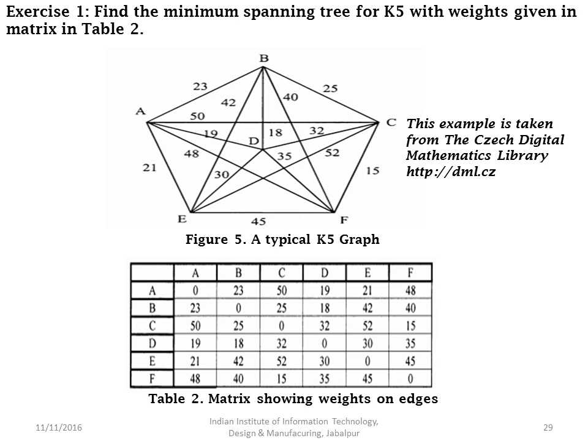So from this we have to find out the minimum spanning tree. This example is taken from the CZ Digital Mathematics Library, and this was the actual problem that was given to Borůvka to find out the minimum spanning tree among these 5 cities that are connected to the Moravian power plant.